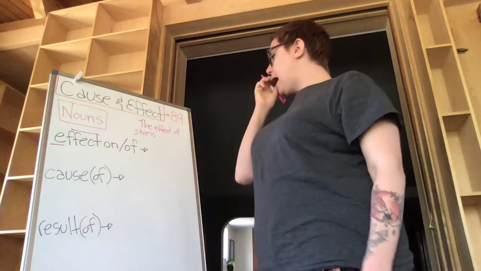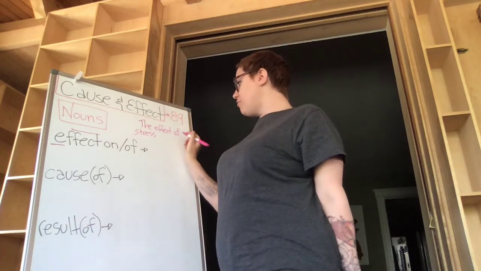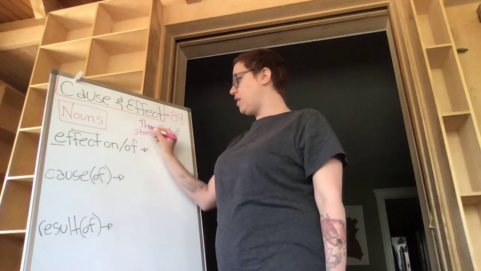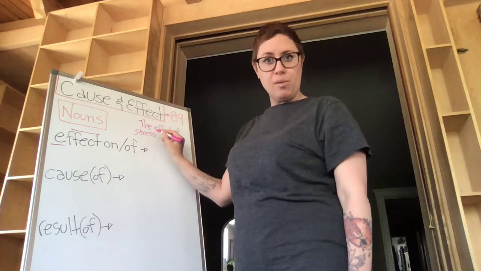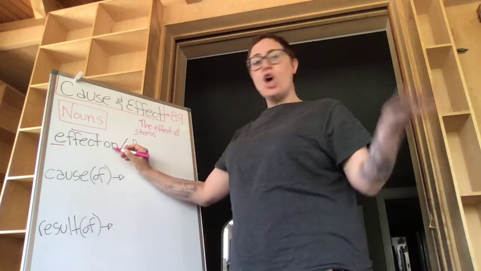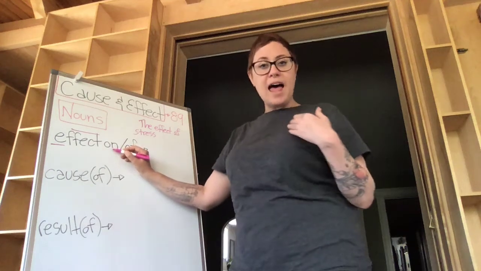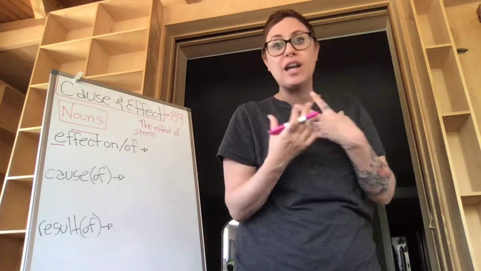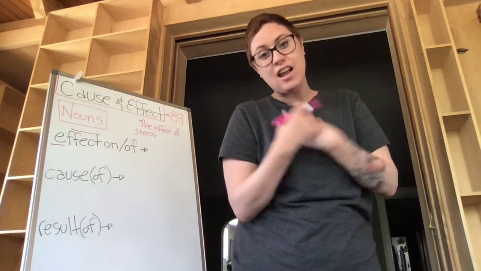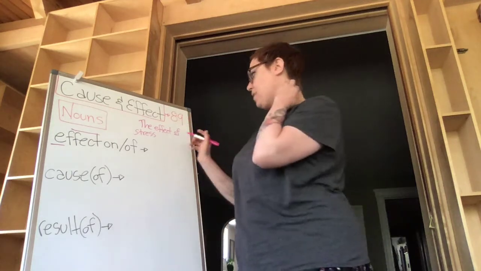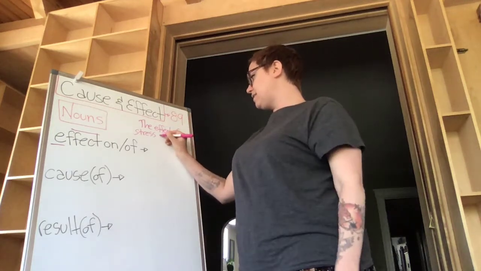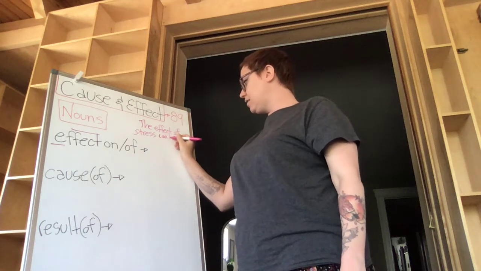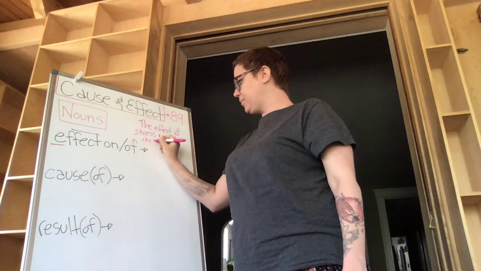Here I'm going to use of because this is the cause of the problem. If we use on, that is for the target of the action. I'll give you another example in a minute. Okay, so the effect of stress can be chronic pain.